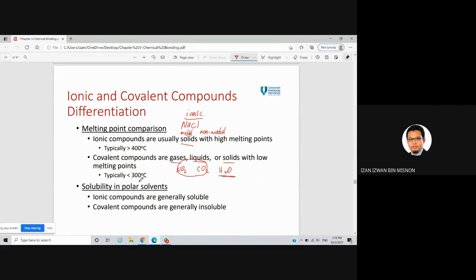The second comparison is solubility in polar solvent. We already discussed that a polar solvent has some polarity, meaning there will be different regions of delta positive and delta negative that make it polar. So an ionic compound is generally soluble in polar solvent, and a covalent compound is generally insoluble.